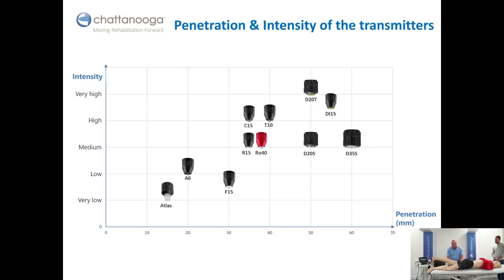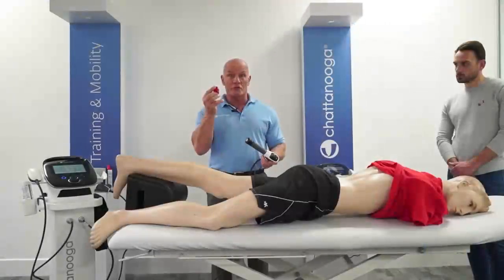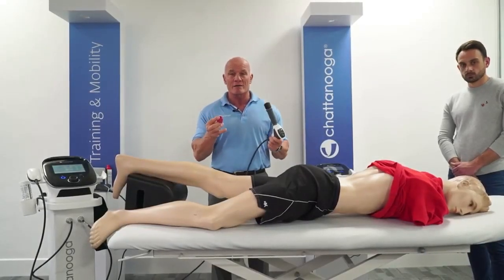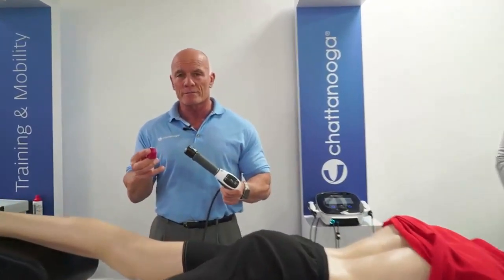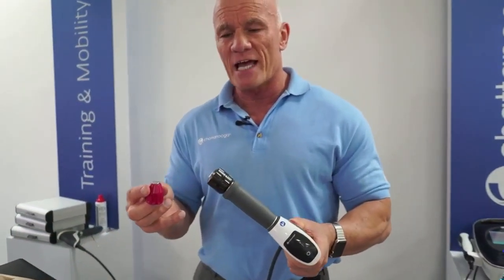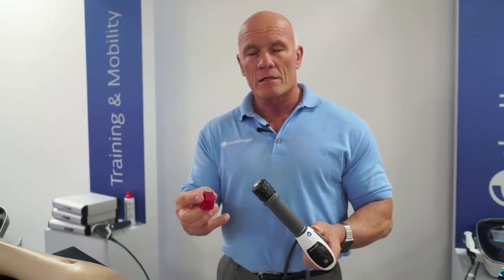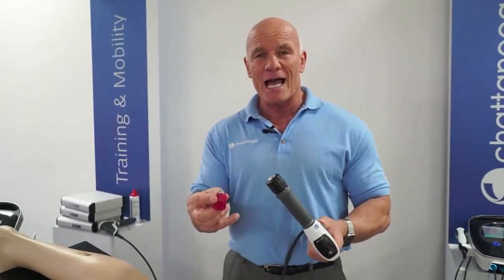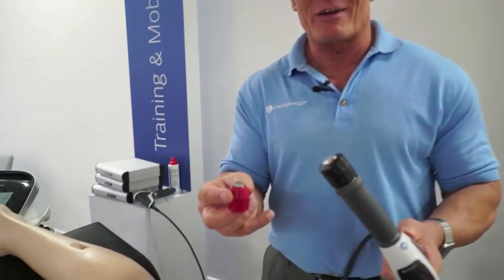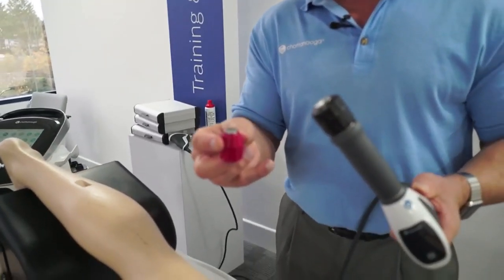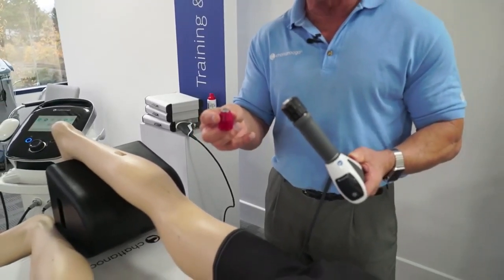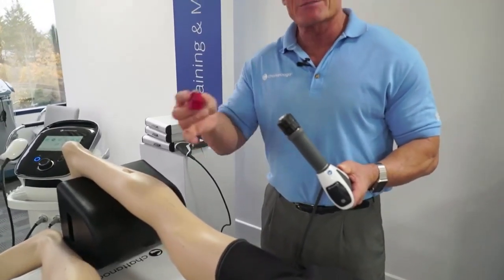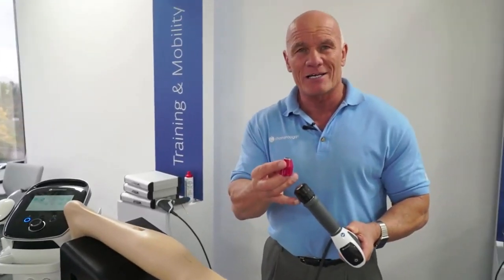But this is my screwdriver, and this is my hammer, if you like, in my toolbox. If I just had a screwdriver and a hammer at home, I could do a few jobs around the house, but really I need a whole raft of screwdrivers and spanners as well as my hammer.